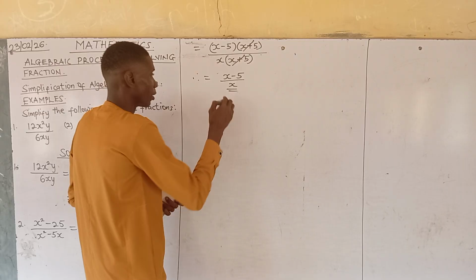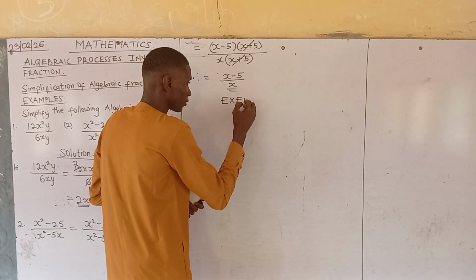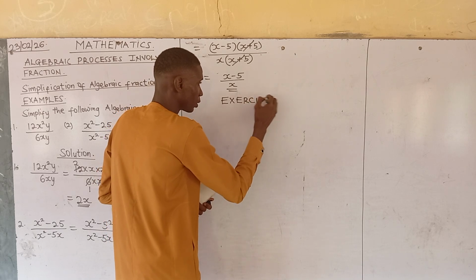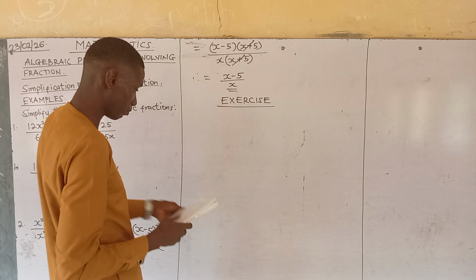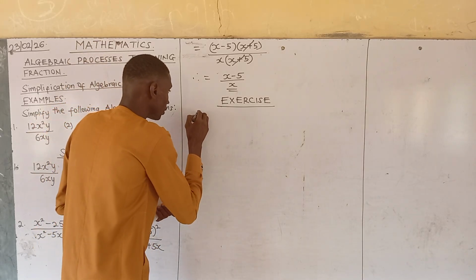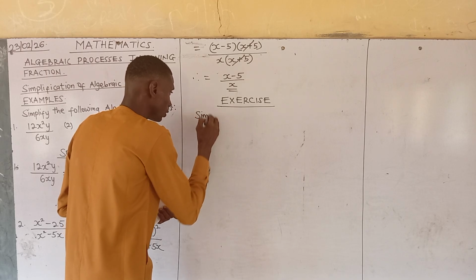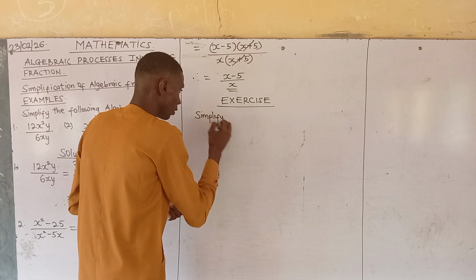So that is what we are having for you for today. And kindly do this as an exercise. I need you to test yourself to know if what I have taught you today is correct or not. Okay, let's have this. Simplify the following algebraic expressions.